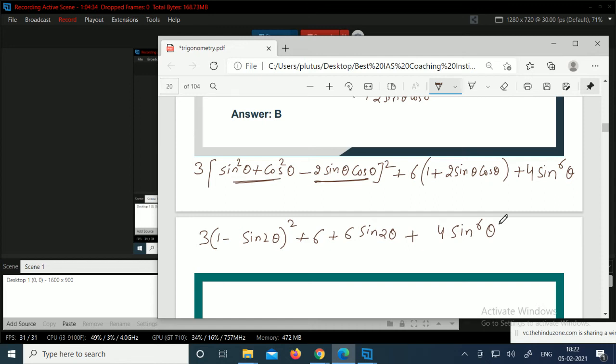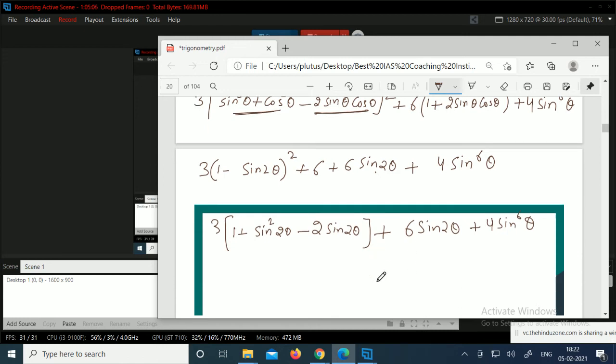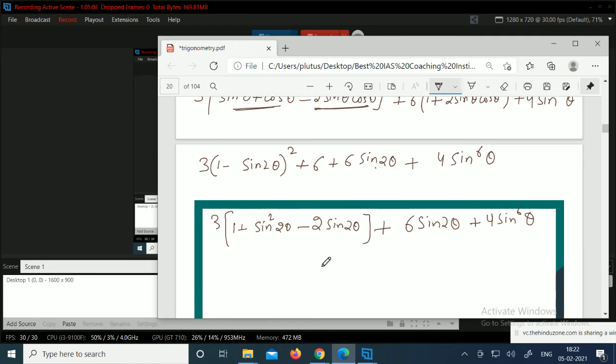Yes, sir. Now if I square this equation again, so 3 into 1 plus sin square 2 theta minus 2 sin 2 theta plus this is 6 sin 2 theta plus 4 sin 6 theta, isn't it? Are you getting this? Yes, sir.